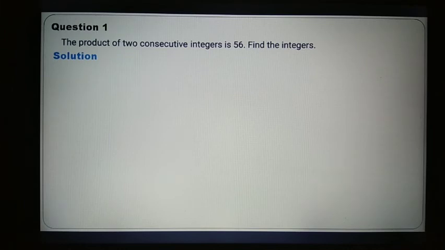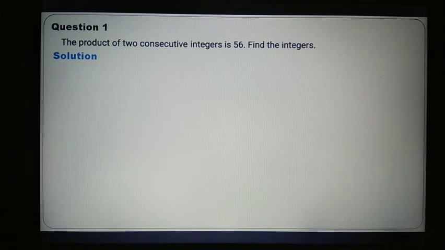The question says there are two consecutive numbers and their product is 56. You need to find those numbers. So let me call one number x. Automatically the other number has to be x plus 1, because the difference between them has to be 1.